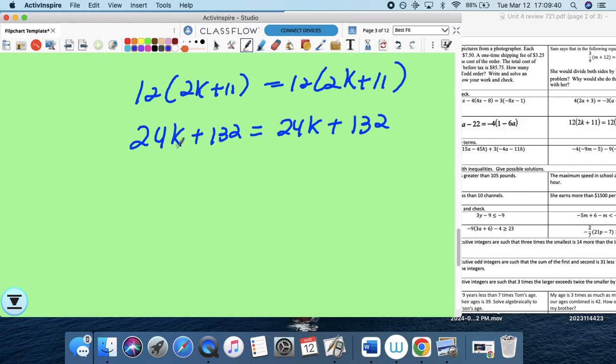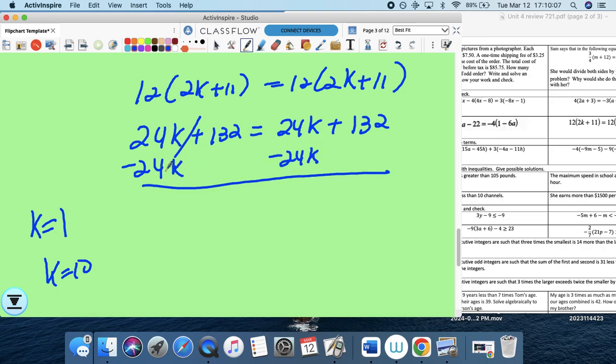So now, think about two expressions. On the left side, let's say k equals, I don't know, 1. Just make it very easy. So 24 times 1, add 132. On the right side, 24 times 1, add 132. Let's make k equals 10. 24 times 10 plus 132. The right side, 24 times 10 plus 132. So you're multiplying 24 by the same number and then also adding the same amount to both sides. So in this case, when we do minus 24k on both sides, look what happens.